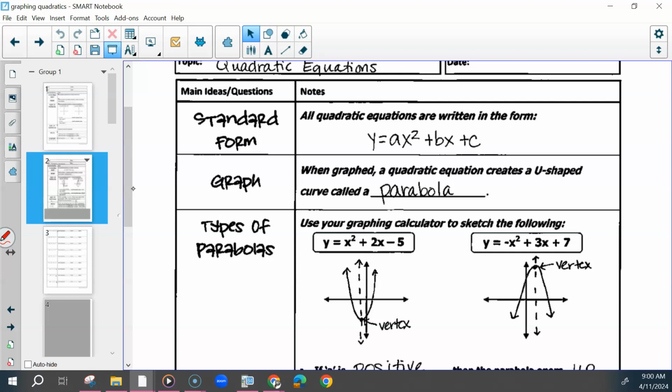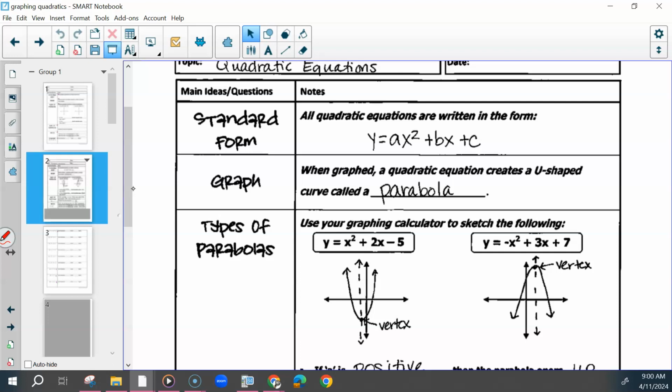Quadratic equations are written in the form y equals ax squared plus bx plus c. That's your standard form, ABC order, highest exponent to lowest exponent. When graphed, a quadratic equation creates a U-shaped curve. So we've seen that before, but didn't know what it was called: a parabola.